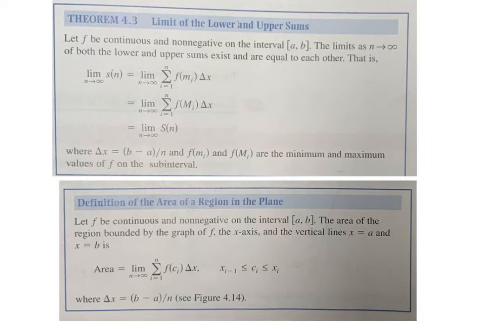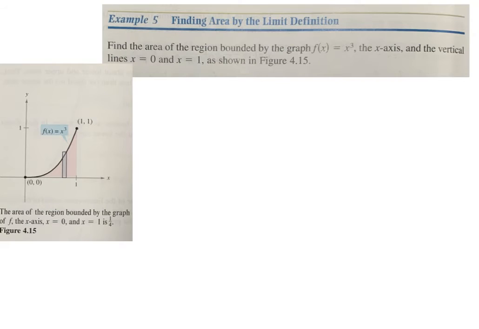All right, and so really quickly, next example here, we're going to look at what happens. For this one it says find the area of the region bounded by the graph f of x equals x cubed, the x-axis and the vertical lines x equals 0 and x equals 1. So for this one, we are going to take what we've done before.